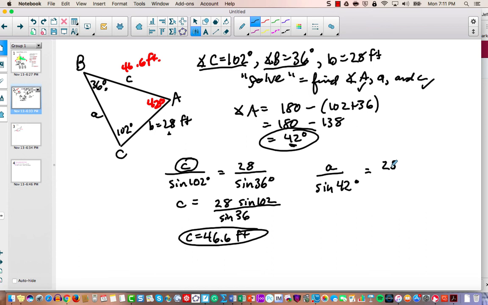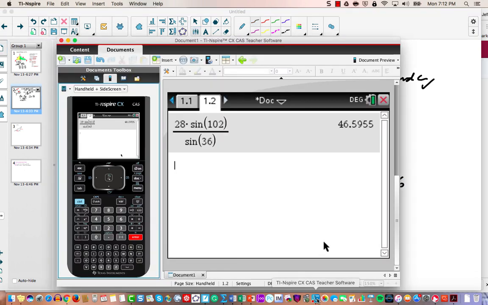And now here's where we can begin to exploit the power of our calculator. If I go back to that calculator, I already have something that looks very much like what I want. So I'm going to go up with my arrows and press enter to capture that last thing I typed in. And then I'm going to use my arrow keypad to get in there and edit and change what I want.